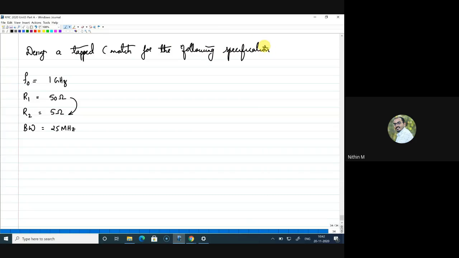Design a tapped C match for the following specification. Given that F0 is 1 GHz, R1 is 50, R2 is 5, and bandwidth is 25 megahertz, right?